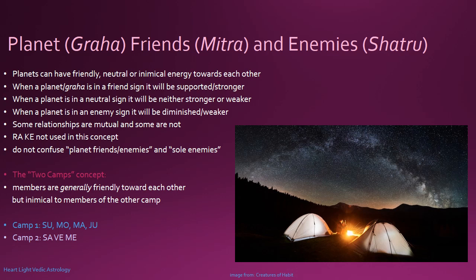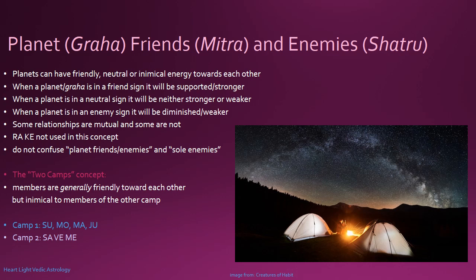So we say that Mercury owns or rules that house. So if Jupiter is in Gemini, or Moon is in Gemini, or Sun is in Gemini, then what we're looking at is whether Mercury is a friend, a neutral party, or an enemy to the planet occupying the sign.